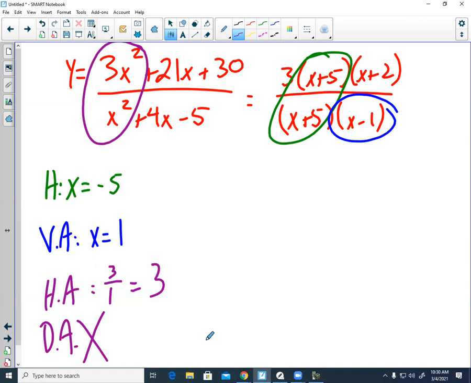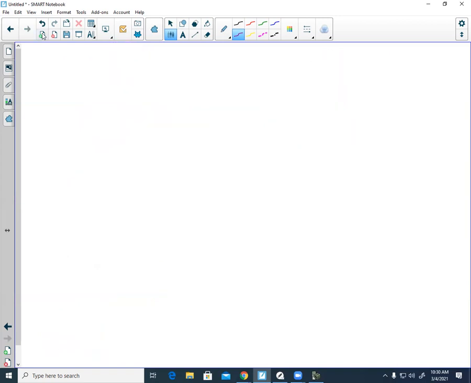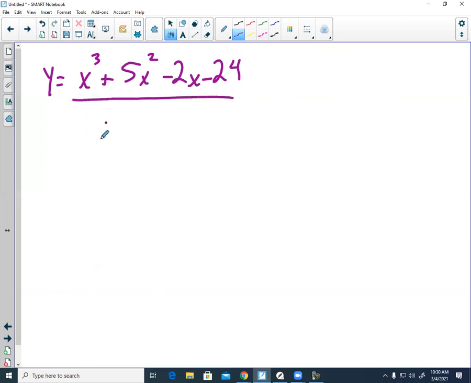So let's do one more. I'll leave this one for you guys to attempt. It's actually going to be a diagonal one that we will lead into with polynomial long division probably tomorrow. So we have the equation y equals x to the third plus 5x squared minus 2x minus 24 all over x squared minus x minus 2.